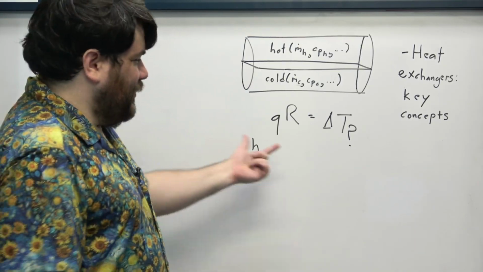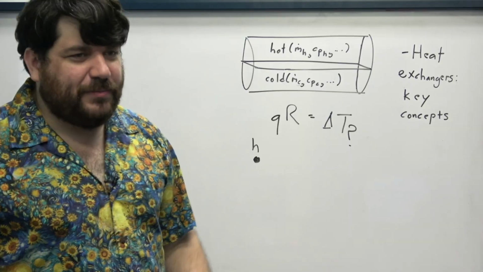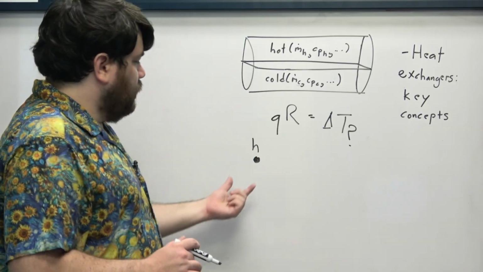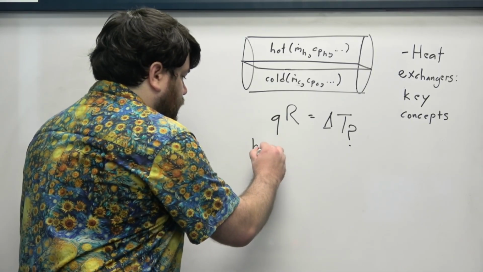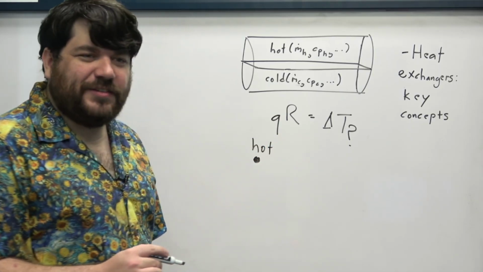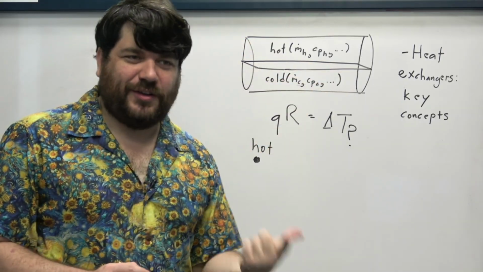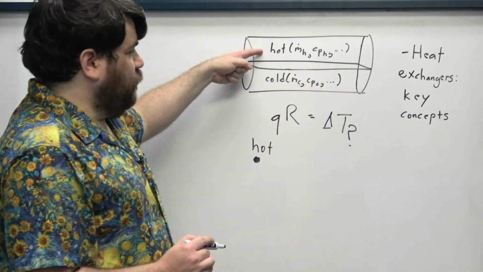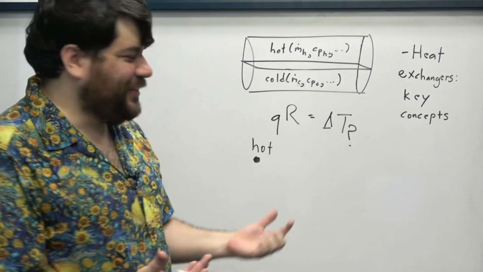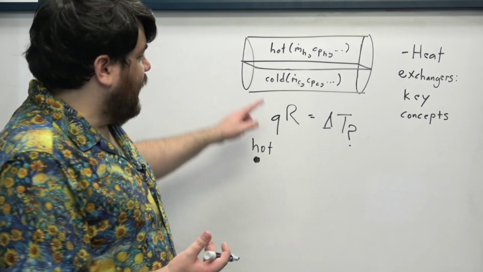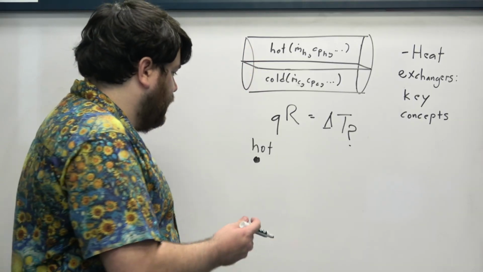Again, we haven't defined what this is yet, but we're just playing this by ear and seeing where we go. And if we say that this node is the hot liquid, this hot liquid is in contact with this solid barrier, which by extension means that there has to be a convective thermal resistance that occurs between the hot liquid and the plate.